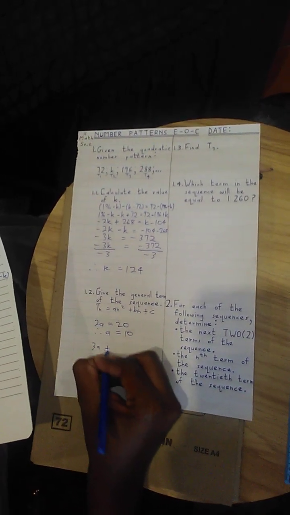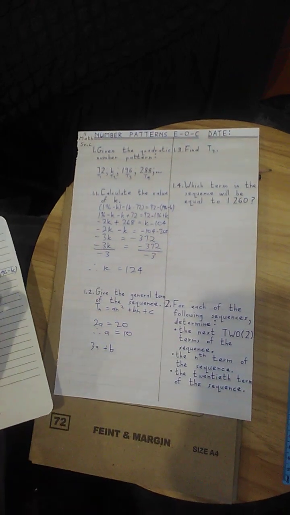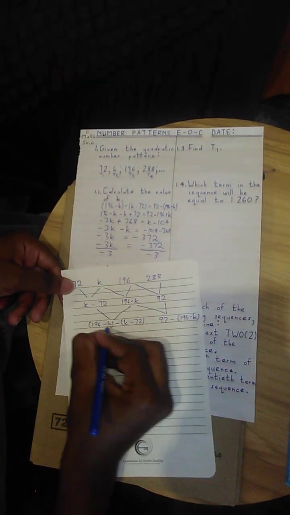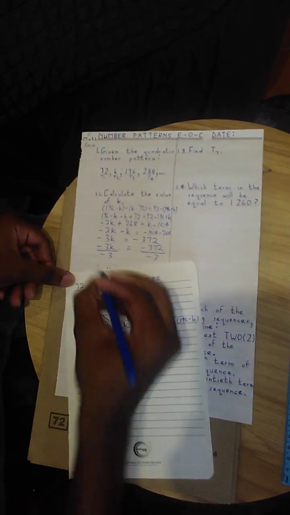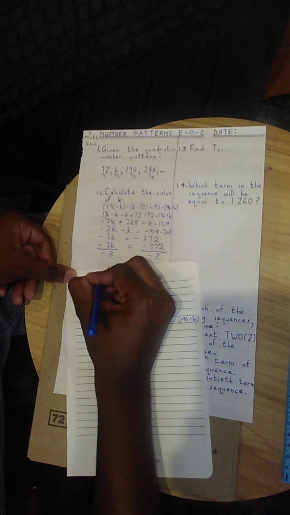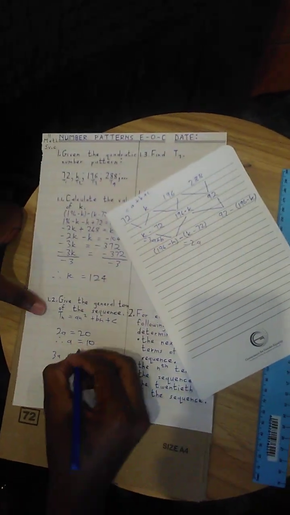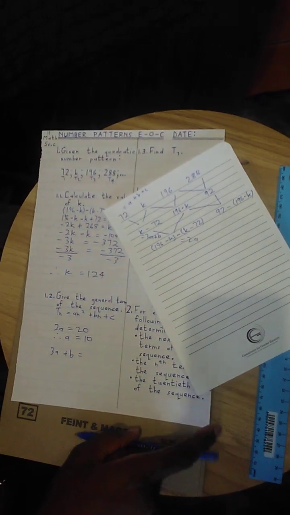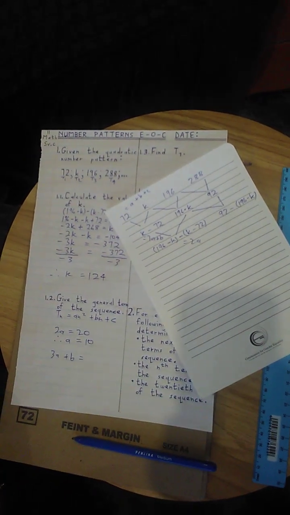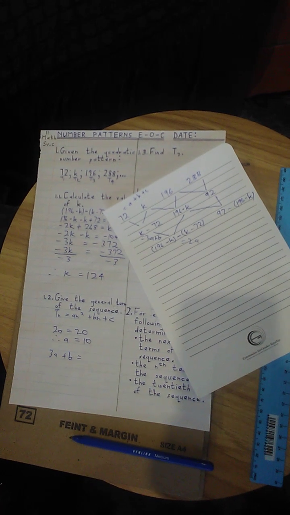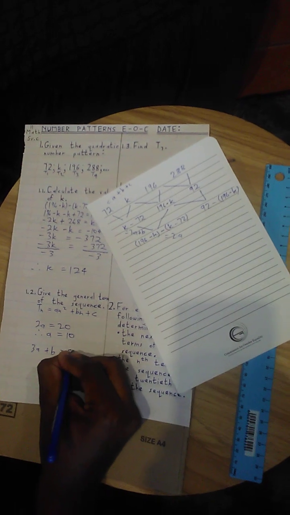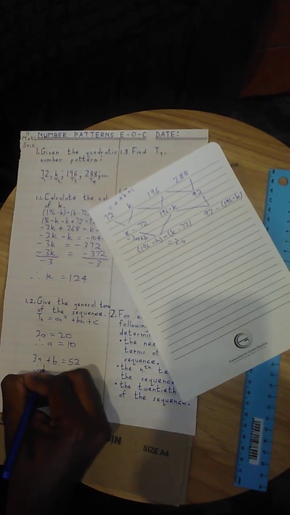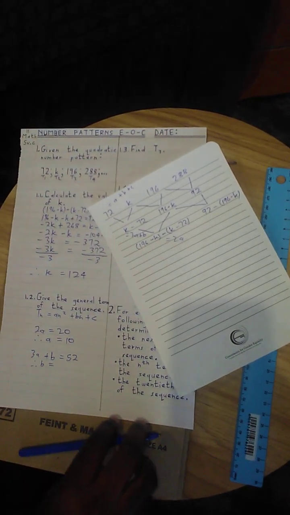3a plus b, we get k minus 72. So don't forget, this is 2a, this is 3a plus b, and this is a plus b plus c. So 3a plus b is equal to k minus 72. We found k to be 124. So 3a plus b is 52.